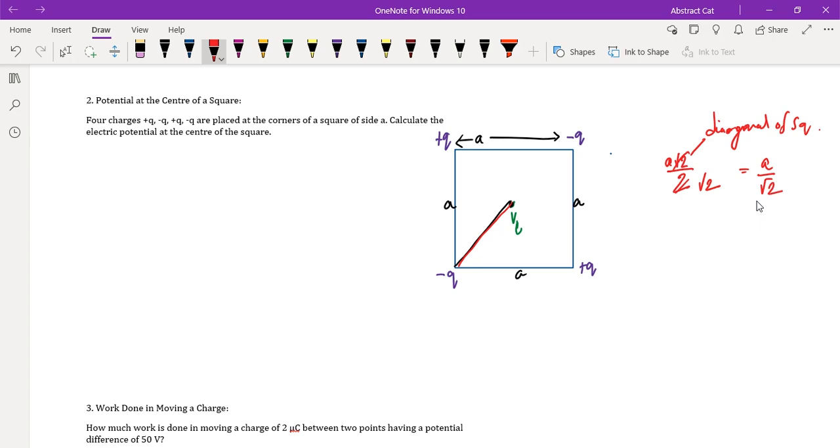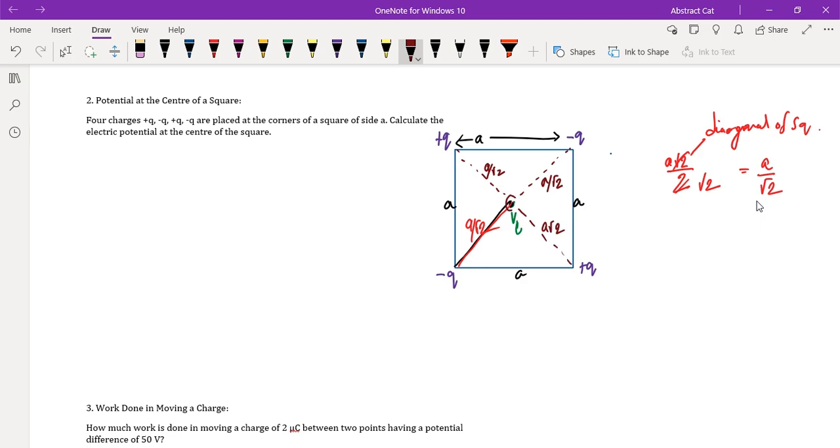Similarly, the distance to each of the other charges is also the same, A by root 2.